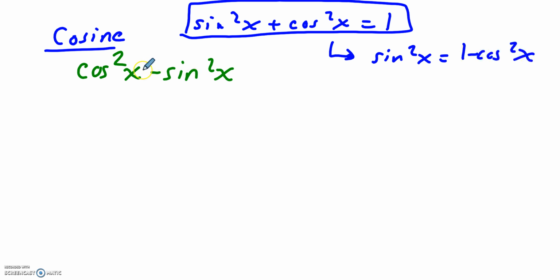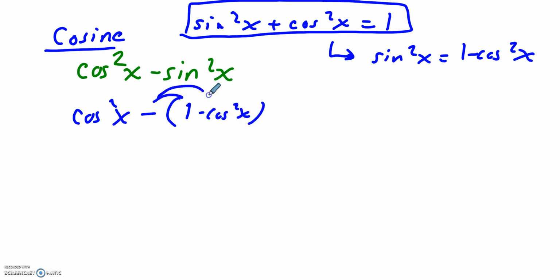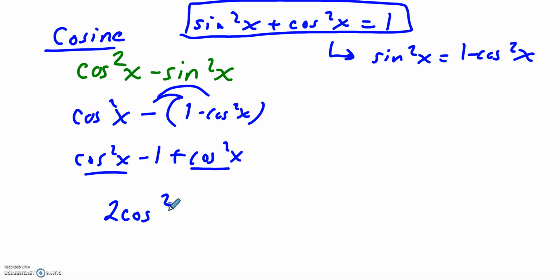So if you wanted this all in terms of cosine, you would keep the cosine squared x in front, but then you would replace sine squared x with this, 1 minus cosine squared x, and then you could distribute the negative, get cosine squared x minus 1 plus cosine squared x. So you'd have cosine squared x plus another cosine squared x. So you'd have 2 cosine squared x minus 1.